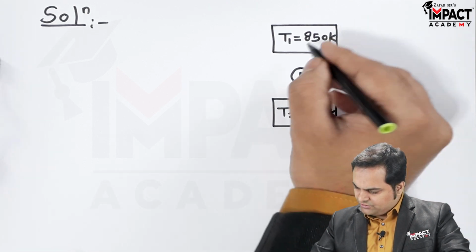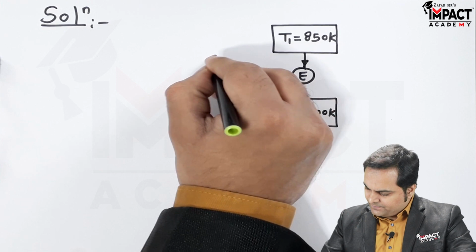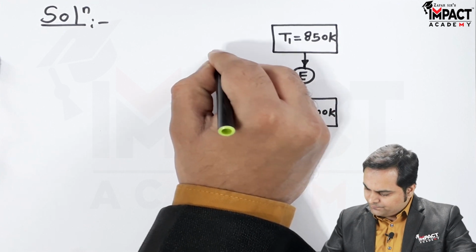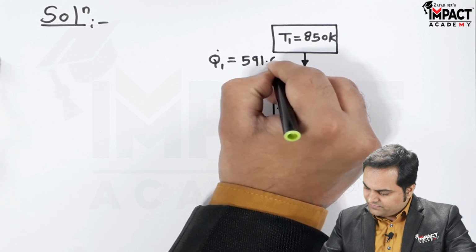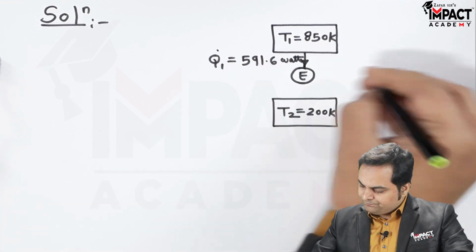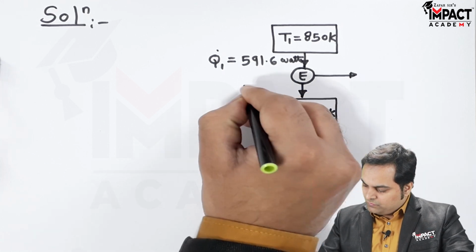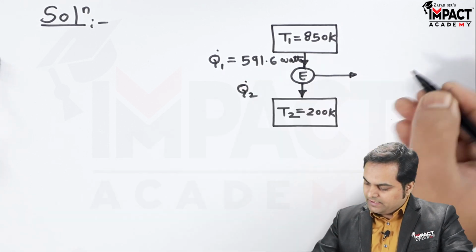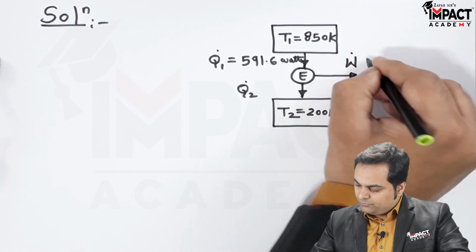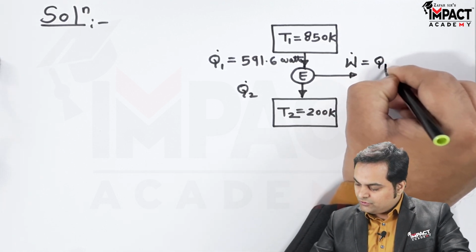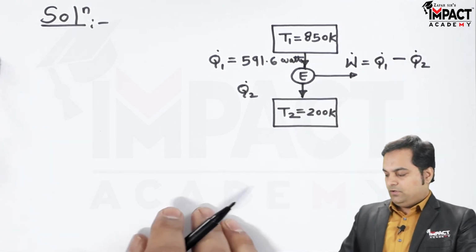And this is the engine of the inventor which is taking in heat Q1 dot of 591.6 watts. Then it is rejecting some heat, which is Q2 dot, and in that it is producing a work of W dot, which is Q1 dot minus Q2 dot.